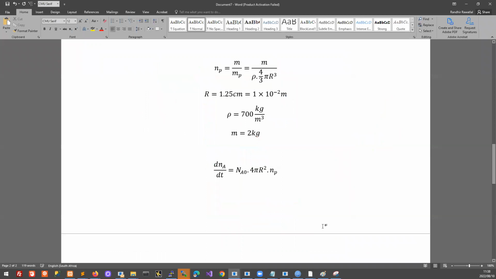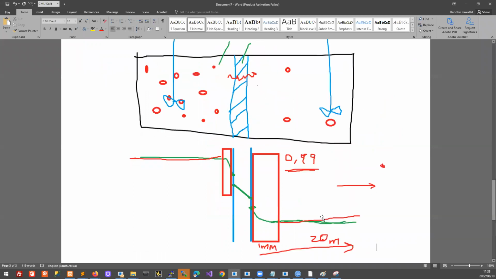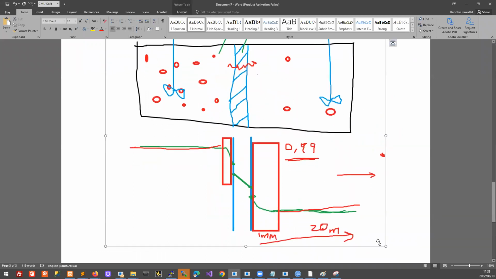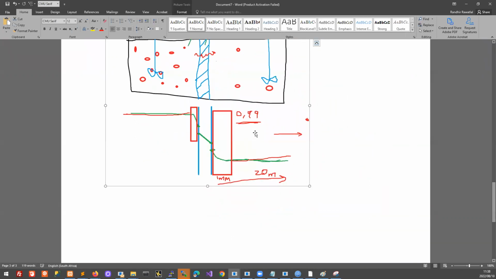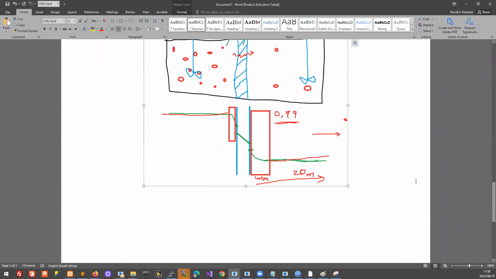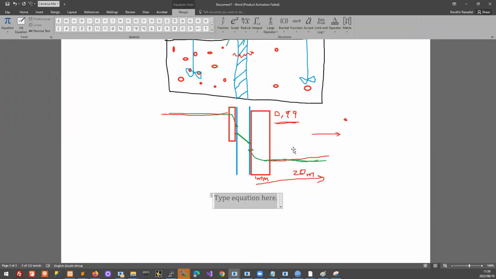So here is our drawing. Let's define Z in this direction. We can say C_A, the concentration, or let's say mole fraction, that's what we've been talking about. So the mole fraction is a function of Z in general.